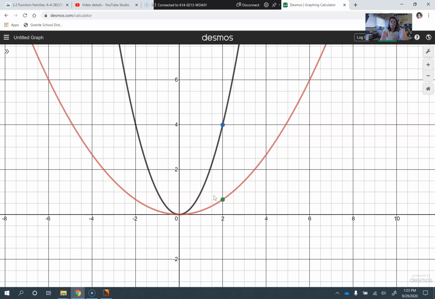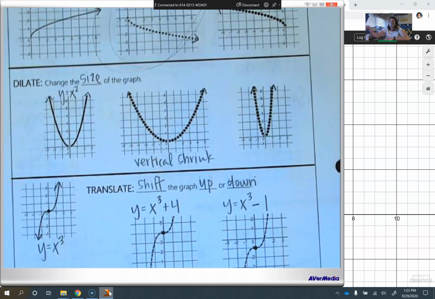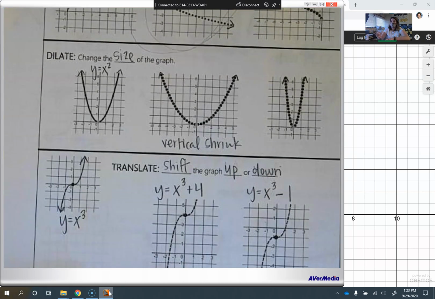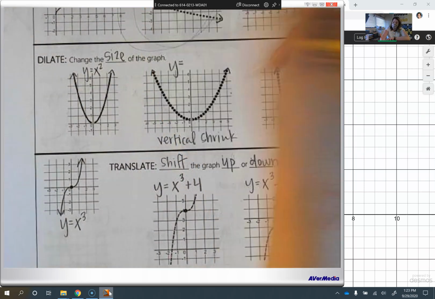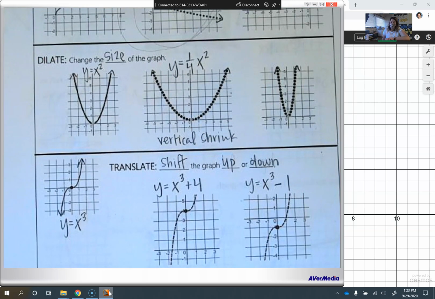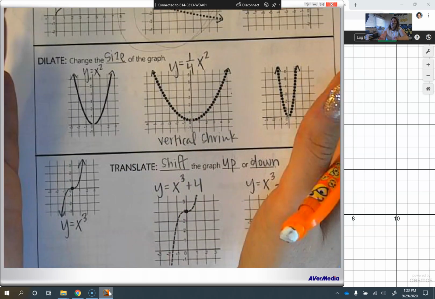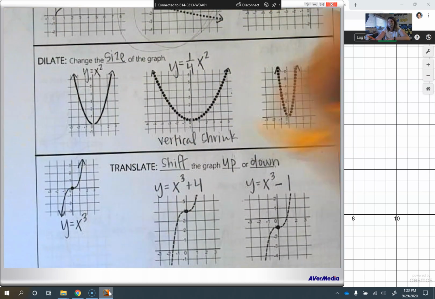We're okay there? Okay, you do that with a fraction. So even though he gets big, what you see on paper looks the opposite. It's a fraction. So this would be y equals 1/4 x squared. It's a fraction that makes it wider or bigger, and we call that a vertical shrink.